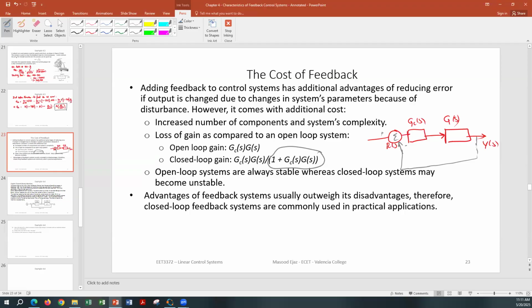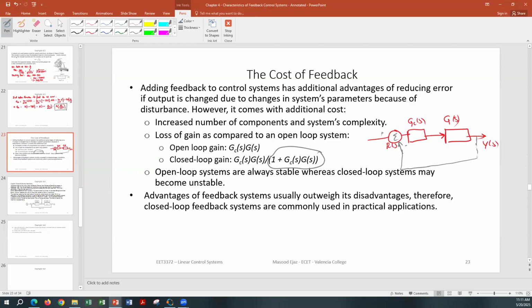Unstable input means what? If your input is increasing with respect to time, that's an unstable input, basically, like a linear input. So you're not controlling that input. You just let it increase with respect to time. Of course, the output is also going to increase with respect to time and becomes unstable eventually. So our input has to be stable, of course, in order for the output to be stable. What are stable inputs? Your DC value is a stable input.